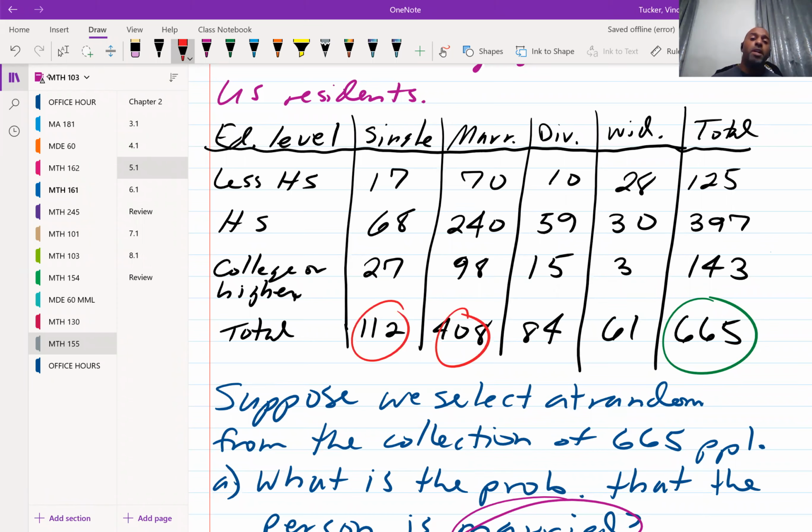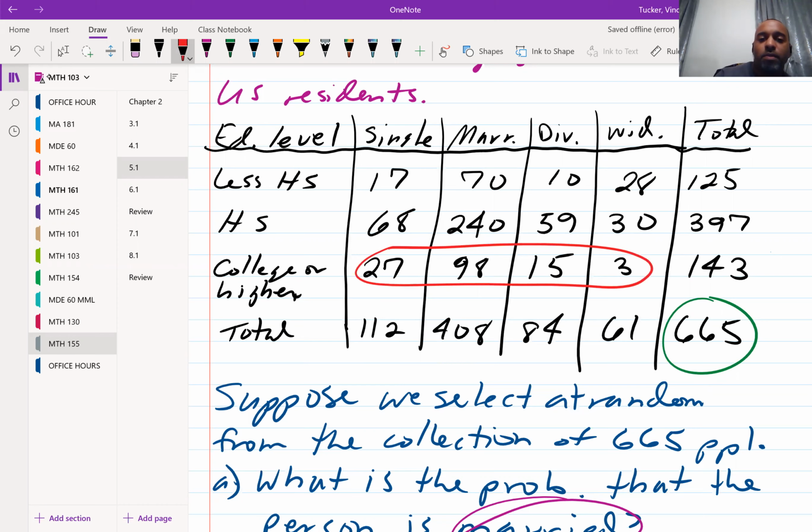There's nothing in common. So there's not a problem there. You just add those two numbers together. But if I look at this row and this column, you see that 98 is counted twice. There's married people in that 98, and so the college people in 98. So I can't just take 408 and 143 without considering that 98 is counted twice.